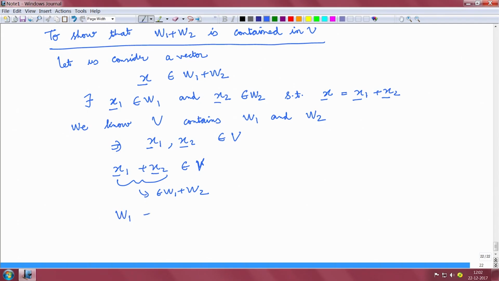Therefore, we have proved that W1 plus W2 is contained in the vector space V.